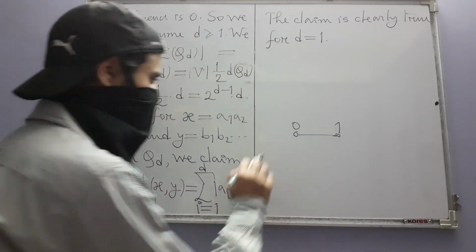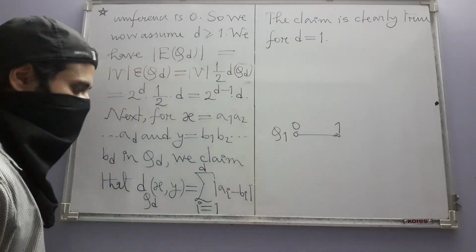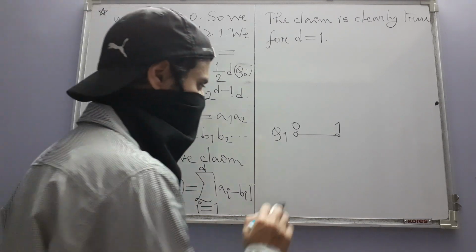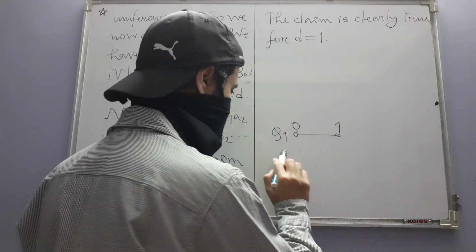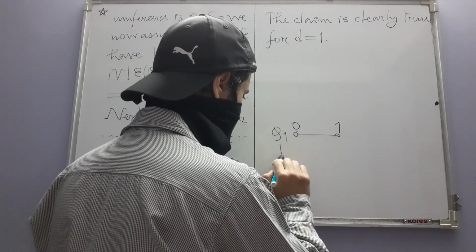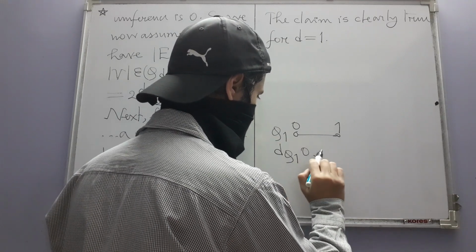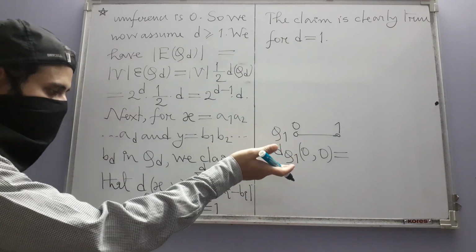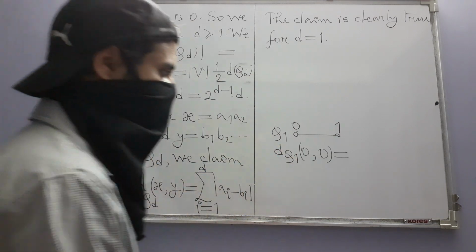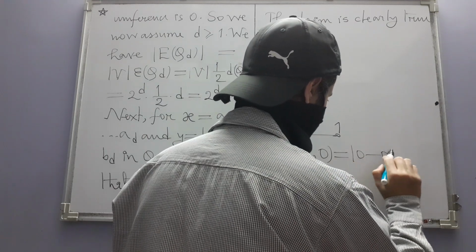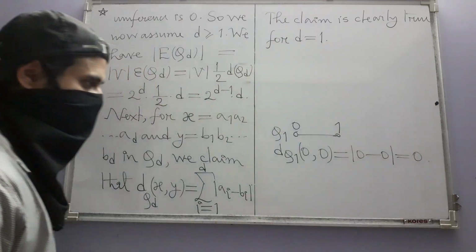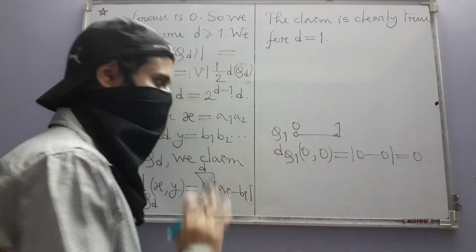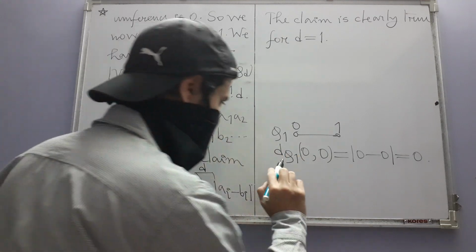This is our Q1, right? So we can have three choices for x and y. One of them is x and y are both 0. Then in this sum, for this case, there is just one term, which is this. So that is 0. And in fact, the distance of 0 from 0 is actually 0. So that matches with this formula.